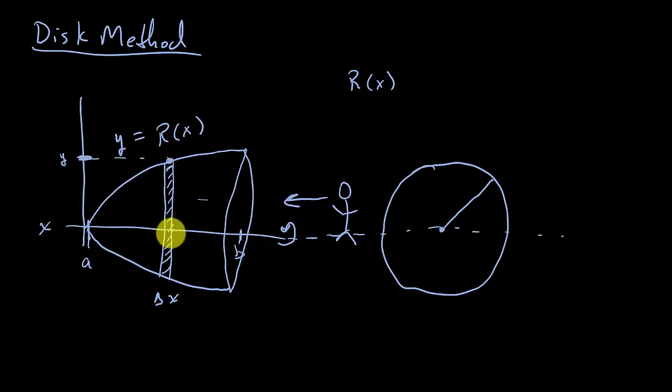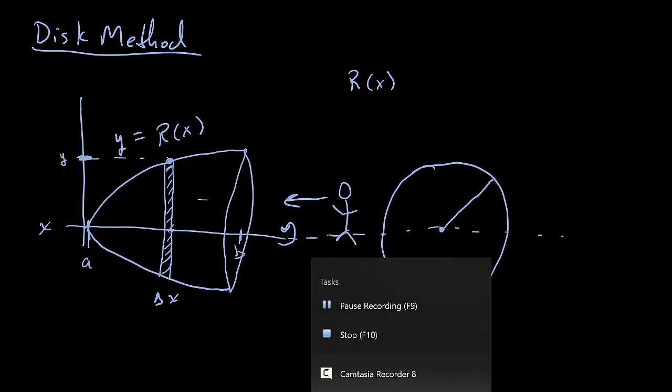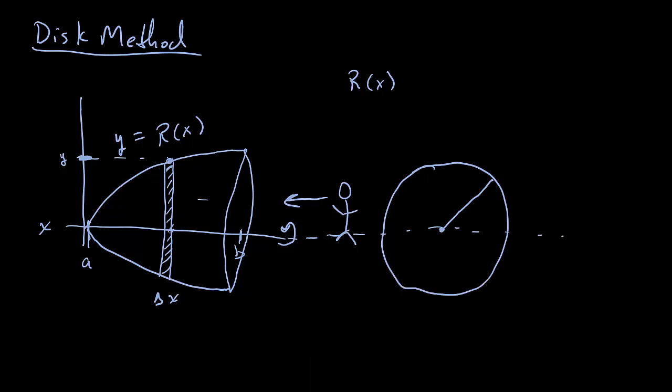Then we multiply it times pi, and we square it. So I squared the radius and multiplied it times pi, and this is the area. Then to get the volume, I multiply it times the thickness.